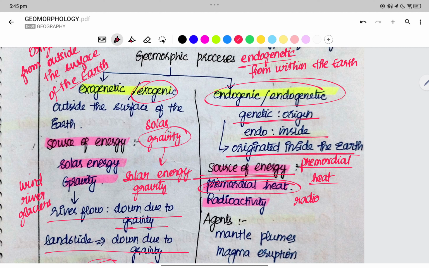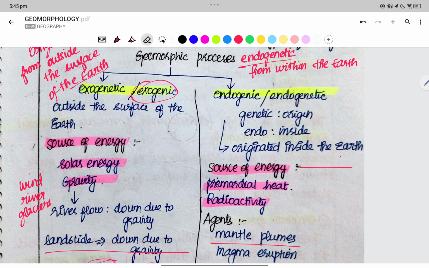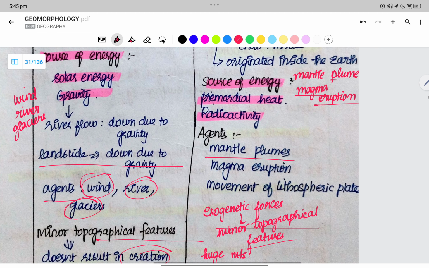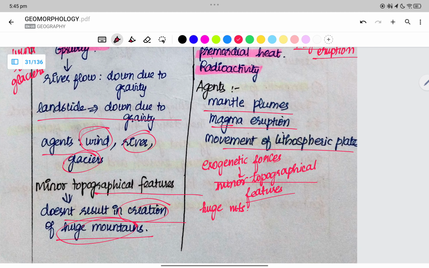Again, the agents are going to vary. With respect to the agents, we'll be having the mantle plume, and then we have the magma erupting, and the movement of the lithospheric plates.